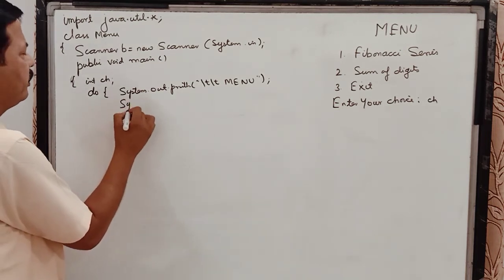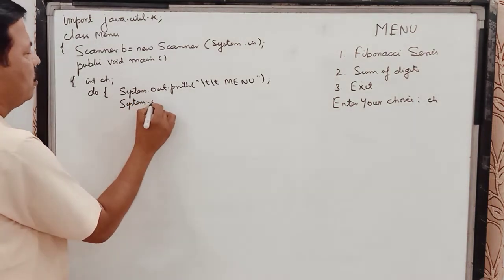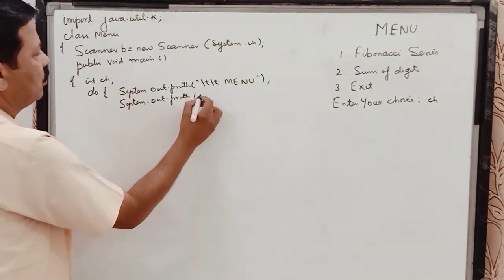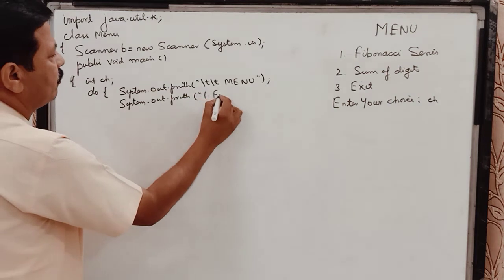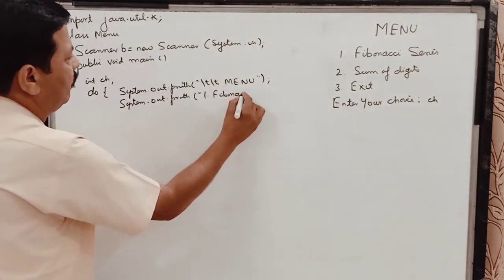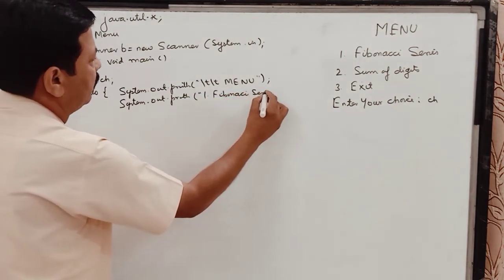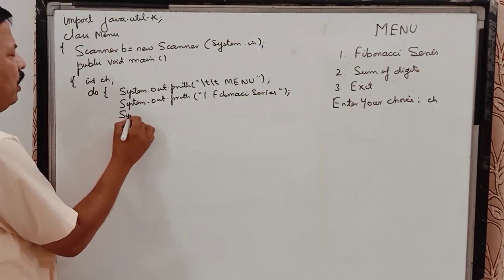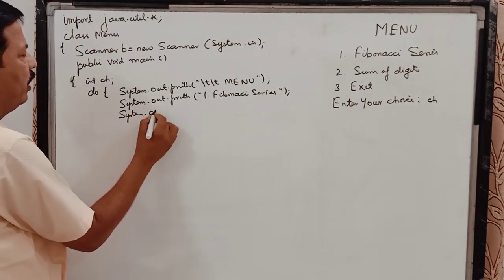And next is option number 1, which we are going to just display here. So it is 1 Fibonacci series, and option number 2 is sum of digits.